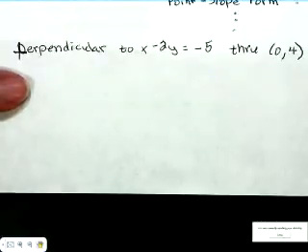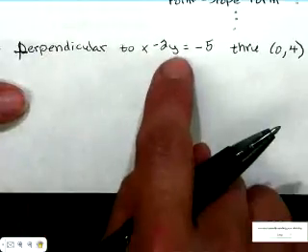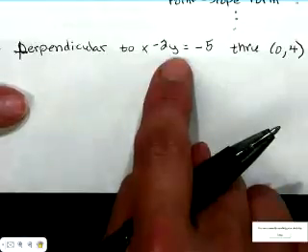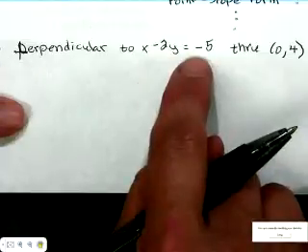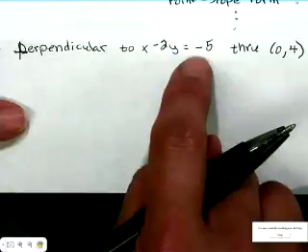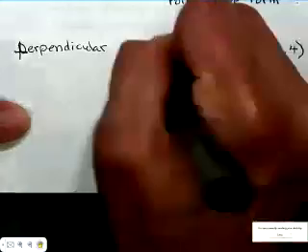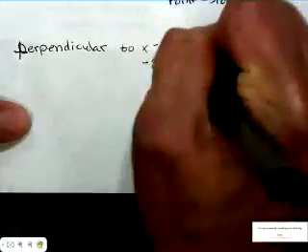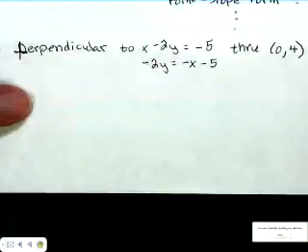Well, if I want a line that's perpendicular to this line, what do I have to find out about this line? The slope, and how do I find the slope of this line? But not until I've solved for y. I have to get the y by itself. So subtract x from both sides. And then divide each term by negative 2.